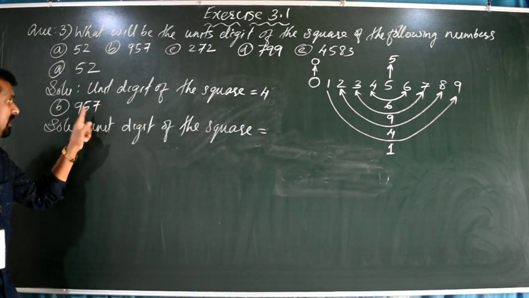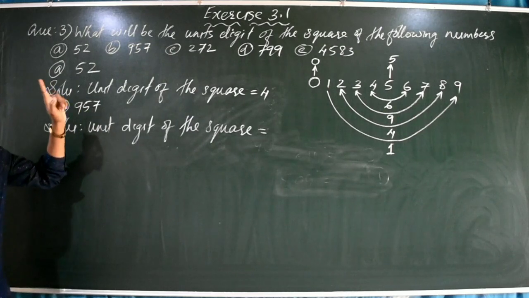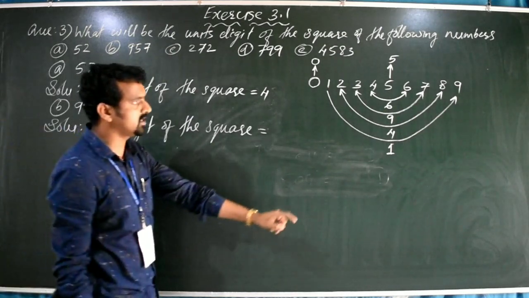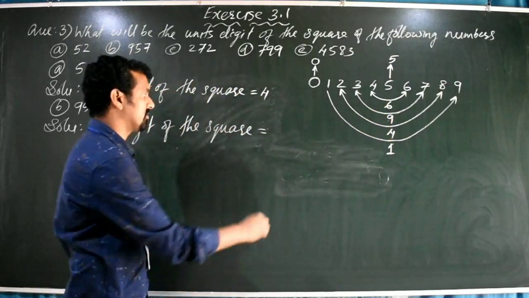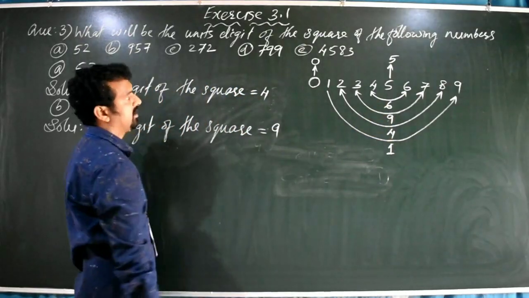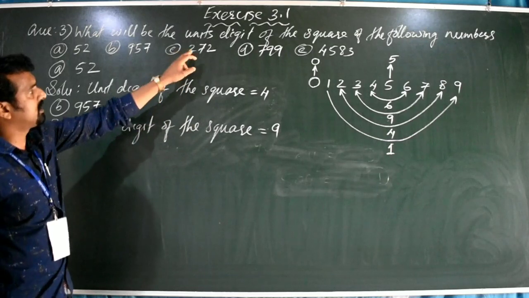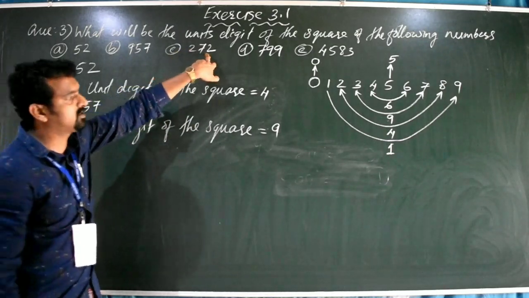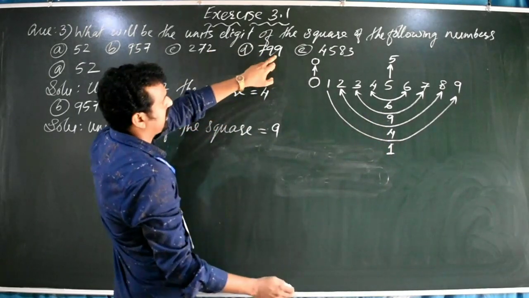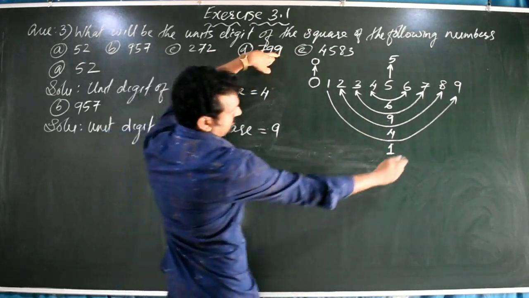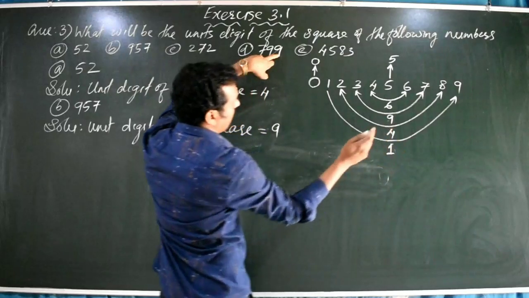If a number ends with the digit 7, its square will end with the digit 9. So the answer is 9. Now 272, last digit is 2, so its square will end with the digit 4. 799, last digit is 9, so its square will end with the digit 1.